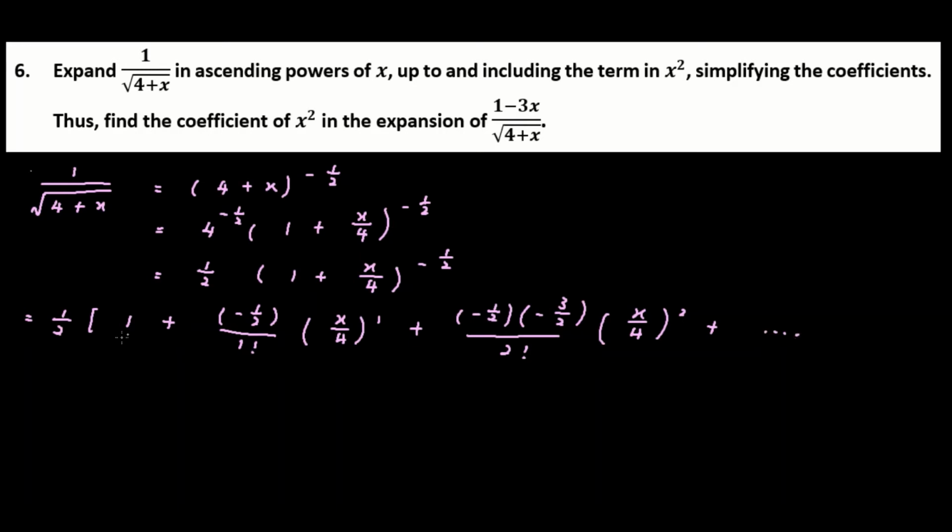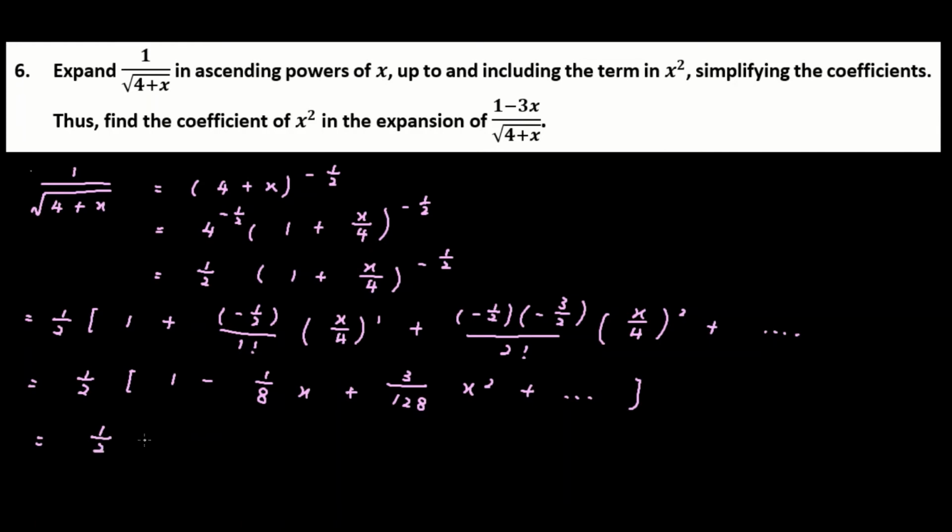Then now you can just get your answer, 1 over 2. What you will get here is 1 plus negative 1 over 2, so you should get a negative, negative 1 over 8 x, plus 3 over 128 x squared, plus etc. Now let's multiply your 1 over 2 inside.